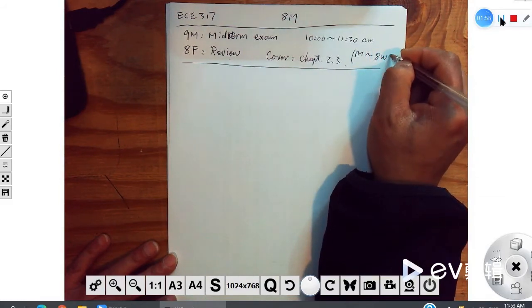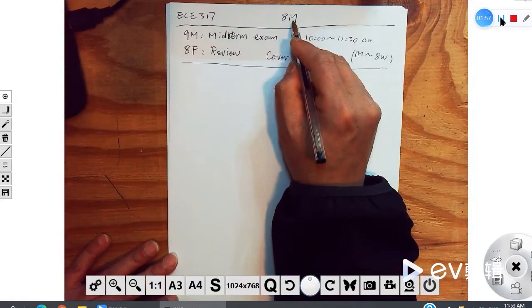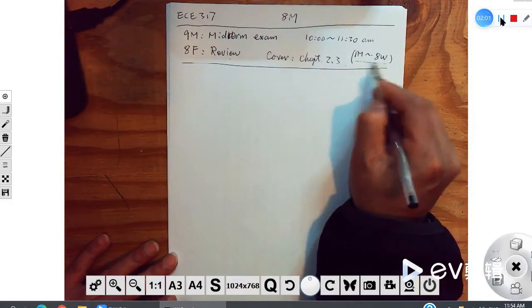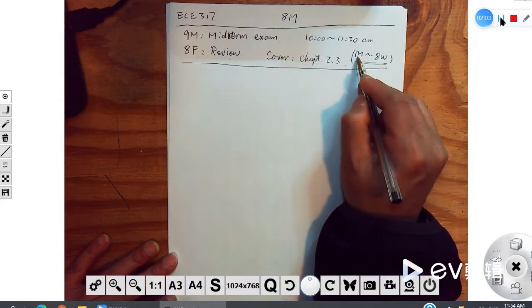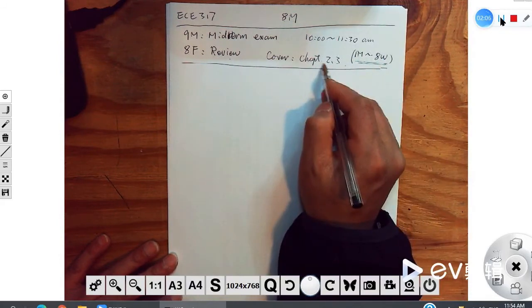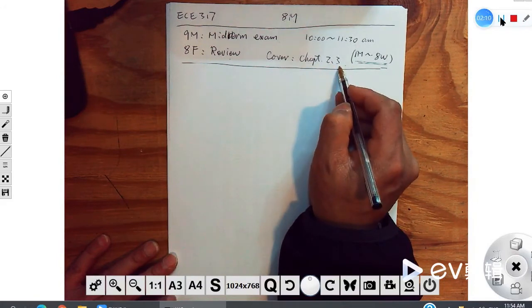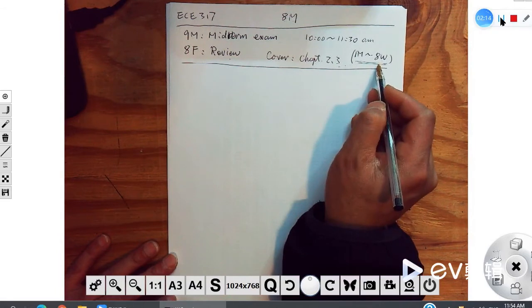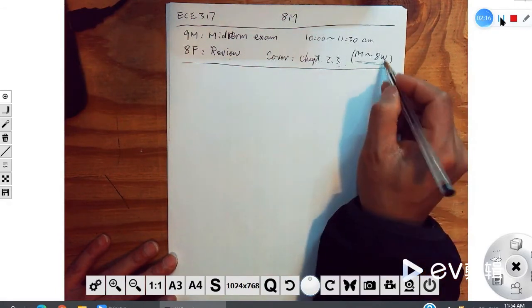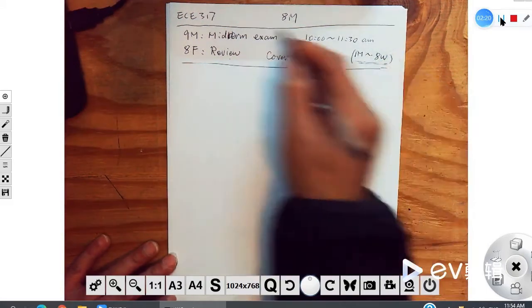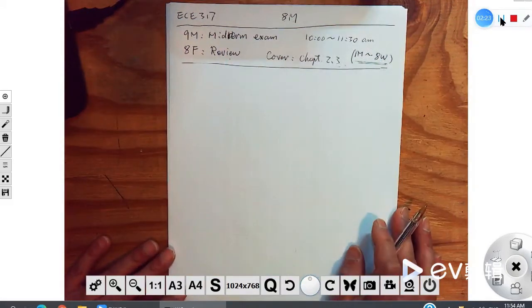Today is Monday of the 8th week, and the next class is the 8th week Wednesday. So it covers all the classes from here to here, which is the whole of chapter 2 and I think a part of chapter 3, if I can finish. After Wednesday's class, you will have all the material for the midterm exam.